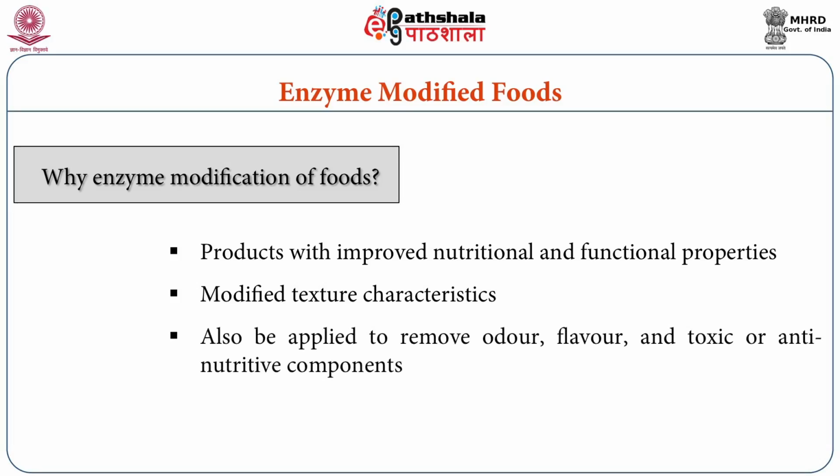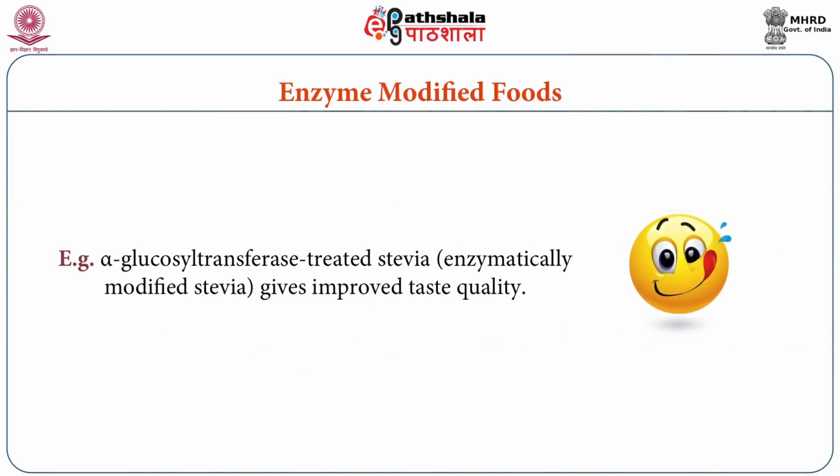This can be applied to remove odor, flavor, toxic or anti-nutritive components. One very good example is alpha glucosyl transferase treated stevia, which is enzymatically modified stevia, which gives improved taste quality and is widely used in Japan.